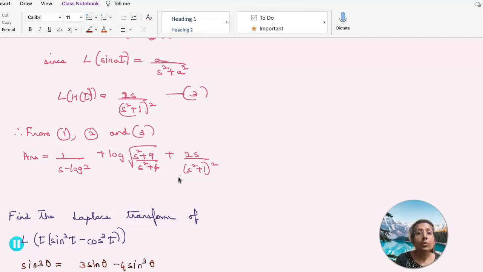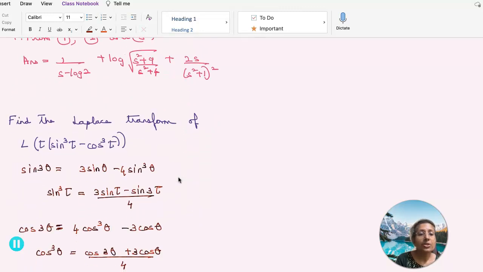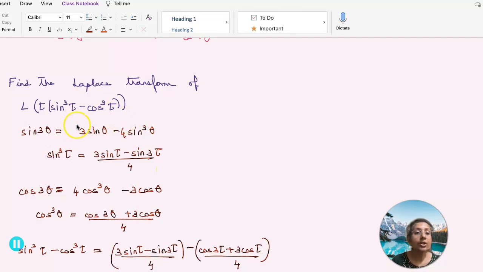I'll conclude with one more question. Find the Laplace transform of t times sine cube t minus cos cube t. Again, we're using trigonometry. Sine 3 theta is 3 sine theta minus 4 sine cube theta. So when you make sine cube t the subject of the formula, that becomes 3 sine t minus sine 3t by 4.